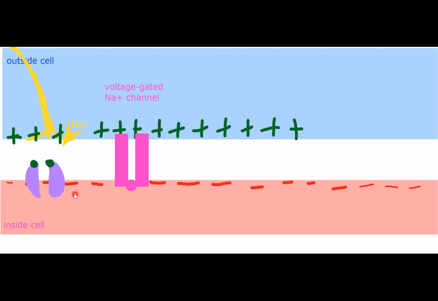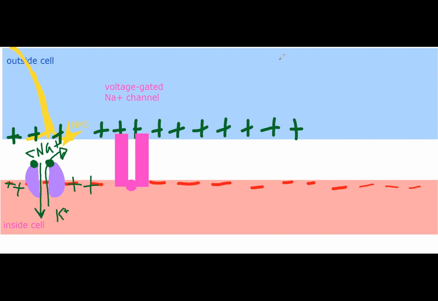And if we remember, this causes sodium to rush in, and as sodium is rushing in, we have some potassium rushing out, but there's more sodium coming in. And this is going to cause this membrane here to now, instead of being negative, be positive.